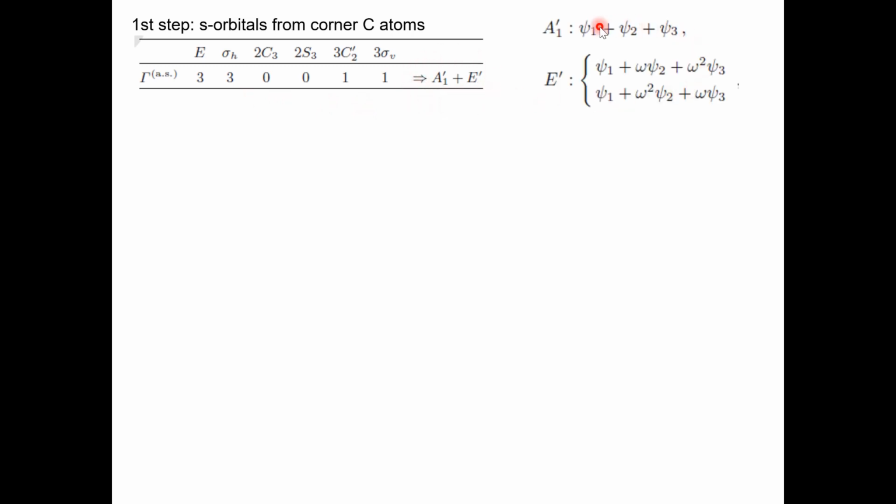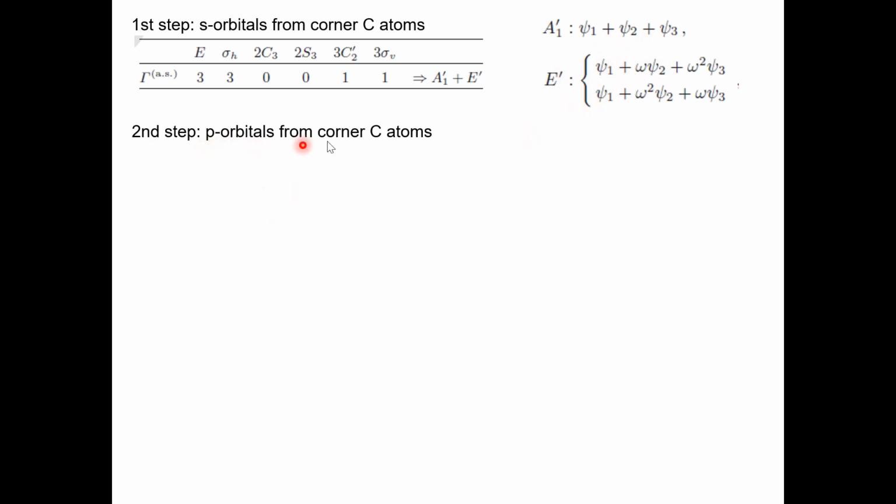The A1 prime is the totally symmetric sum, and the E prime has 2 partners when I introduce phase factors of omega and omega square, omega being e to the i 2 pi over 3. So these are the different combinations of S orbitals.